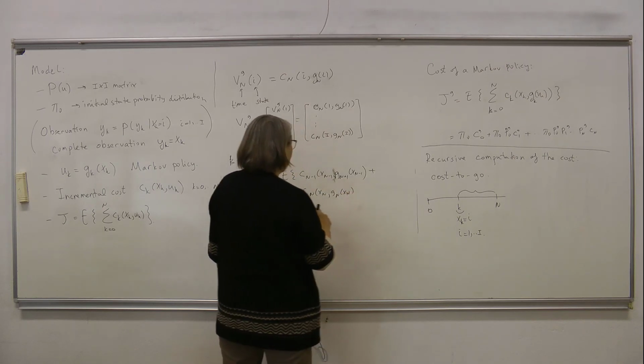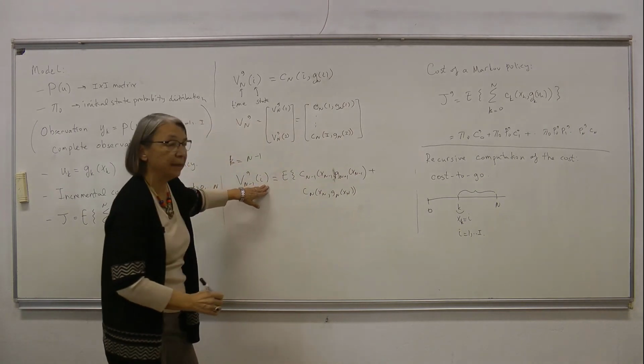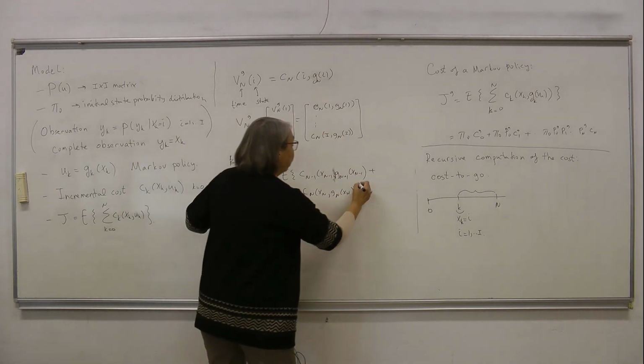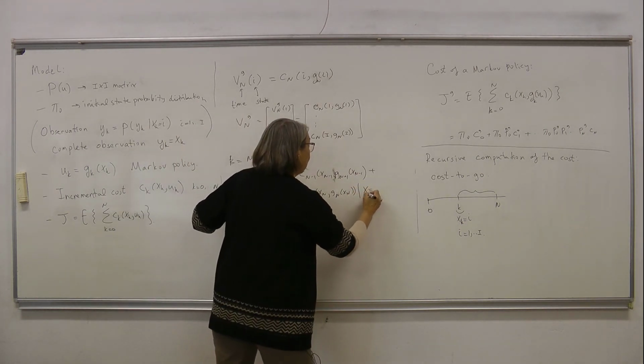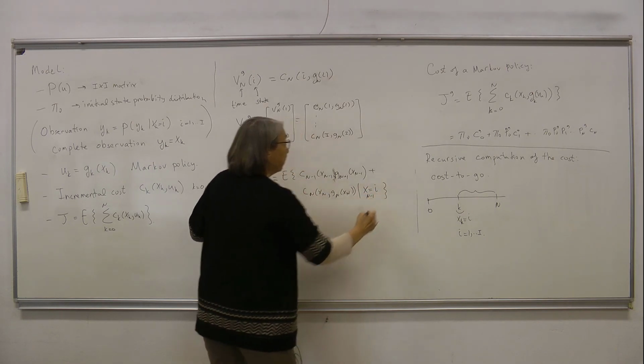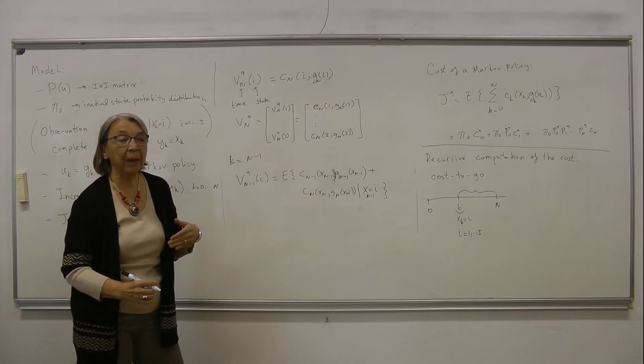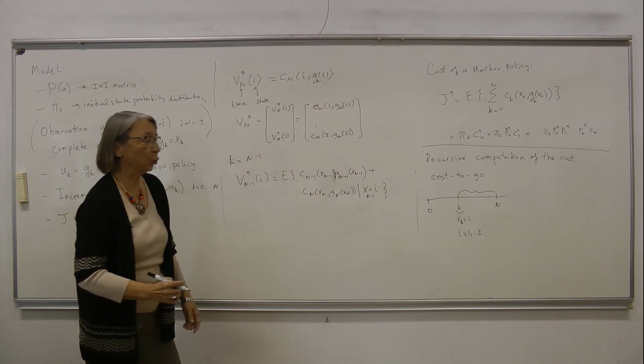So it is the sum of those two terms, but we have extra information that the state is equal to I. So when the state is equal to I at time n minus 1, we will calculate this expected value as our cost to go from time n minus 1 to the final time, which is equal to n.